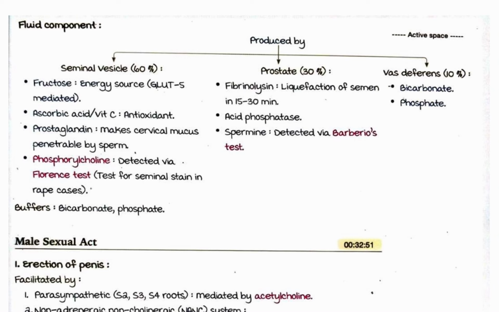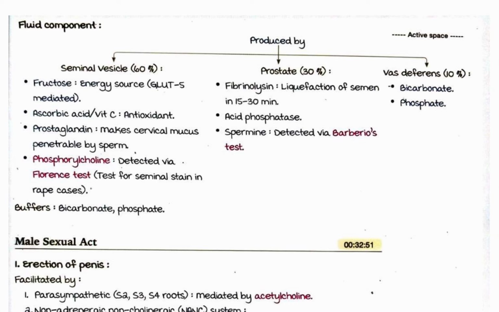Phosphatidylcholine is detected via the Florence test for seminal stain in red traces. Buffers in the fluid are bicarbonate and phosphate.